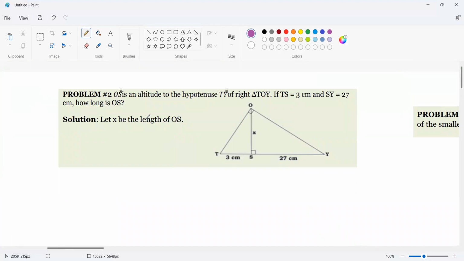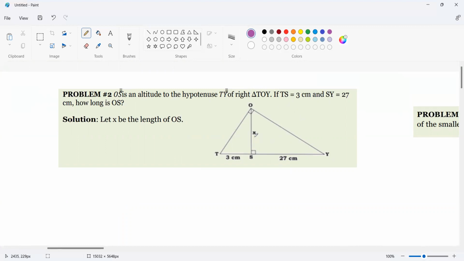In problem number 2, OS is an altitude to the hypotenuse TY of right triangle TOY. Not all the time is an illustration given, so you really have to understand. Start with the right triangle, draw it, then draw the altitude to the hypotenuse.